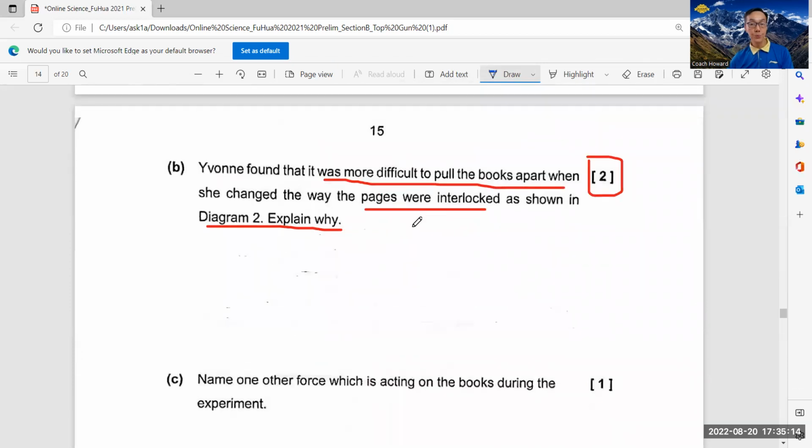they ask you to explain why in diagram 2 it's more difficult to pull. So you just focus on diagram 2. You say in diagram 2, there's more exposed surface area of the pages in contact with each other. This will result in more frictional force acting on the pages, making it harder to pull the books apart. So this is how we put the answer here.